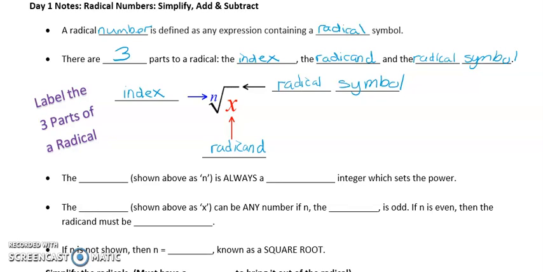Okay, so the next part underneath here, it says the blank shown as n above. Well, we said the n piece was the index, so this index is always a positive integer.